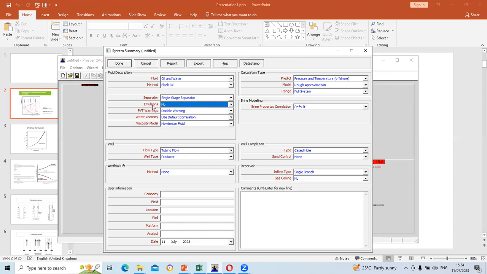So if you go to that lecture, you actually get a good picture of it. So our PVT warnings, we'll just disable warning, let's disable it. We don't want interactions and stuff like that.